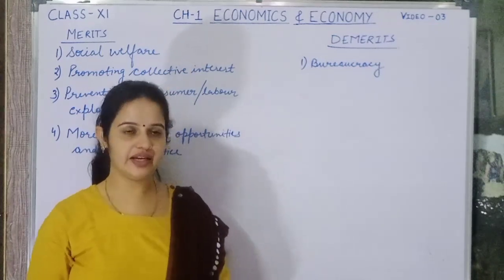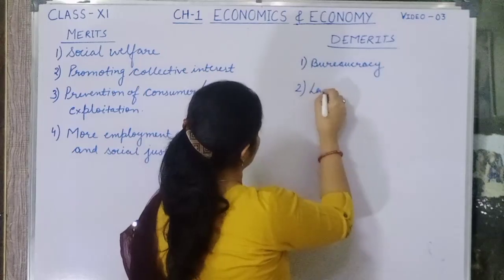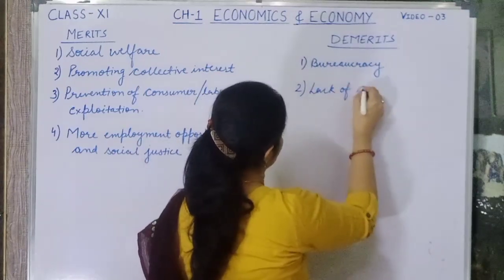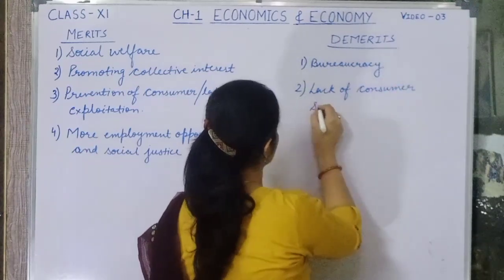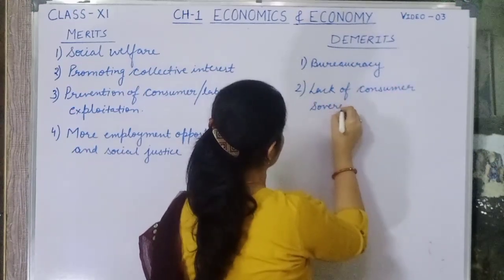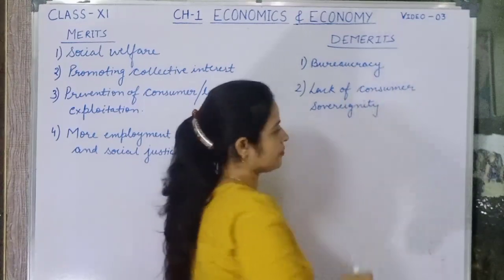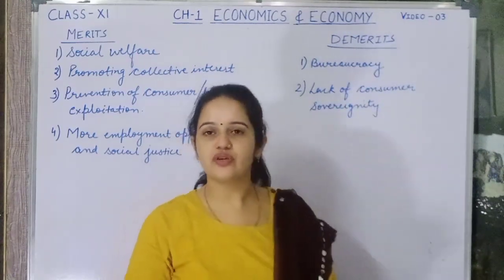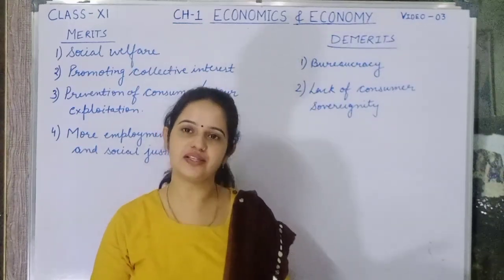Second demerit is lack of consumer sovereignty. What do you mean by consumer sovereignty? That means there is no freedom of choice to the customer.